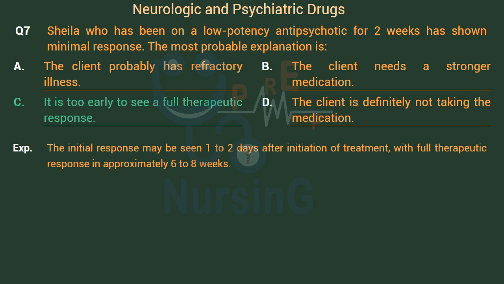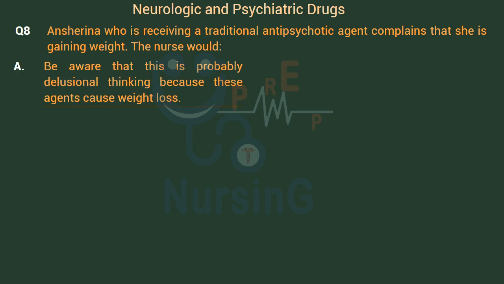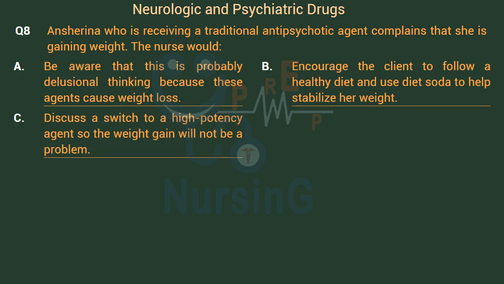Ansherina, who is receiving a traditional antipsychotic agent, complains that she is gaining weight. The nurse would: Option A. Be aware that this is probably delusional thinking because these agents cause weight loss. Option B. Encourage the client to follow a healthy diet and use diet soda to help stabilize her weight. Option C. Discuss a switch to a high-potency agent so the weight gain will not be a problem.